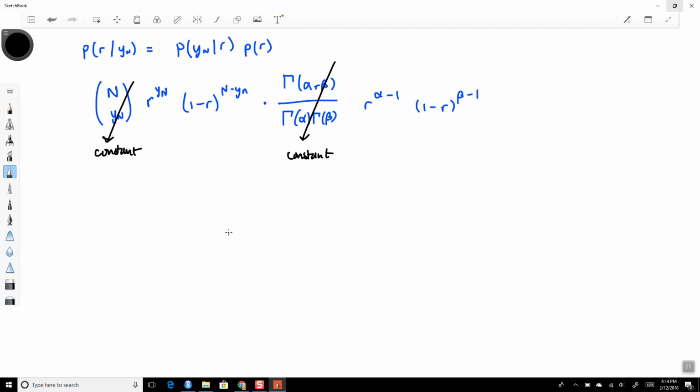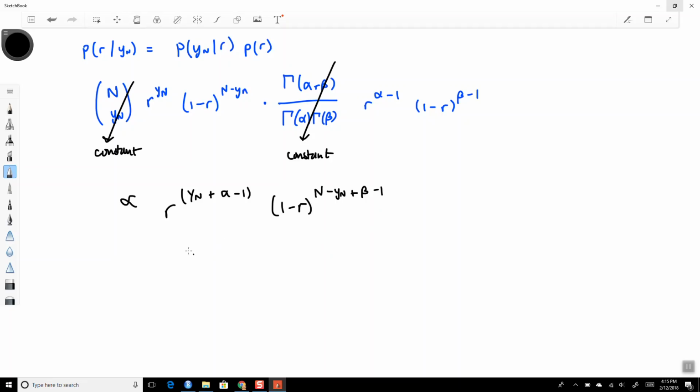We'll combine these together, and we'll say this is not even equal, I should say, is proportional to, where we just add these things up, and r is raised to the y sub n plus alpha minus 1, and then times 1 minus r raised to the n minus y sub n plus beta minus 1. And that's what we have.